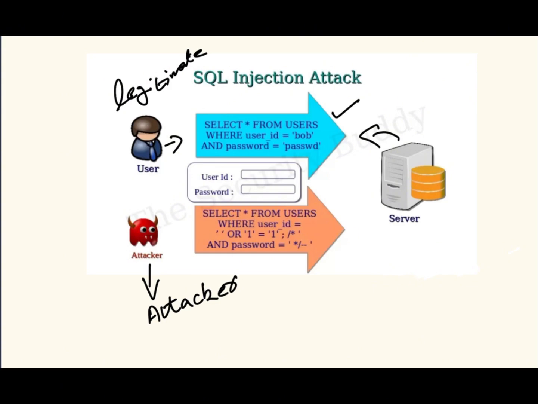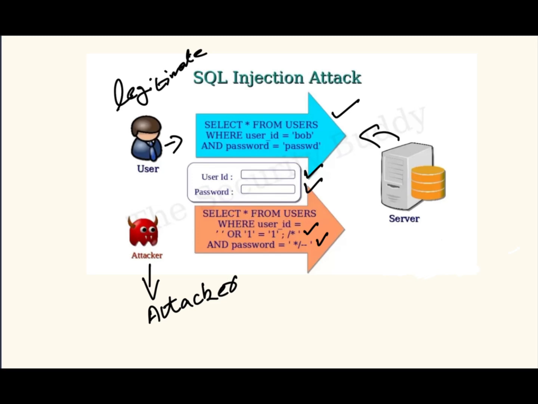how the attacker injects a SQL query in this user ID and password field. The attacker tries to manipulate the SQL query. Here you can see these special characters which the attacker uses to manipulate it.